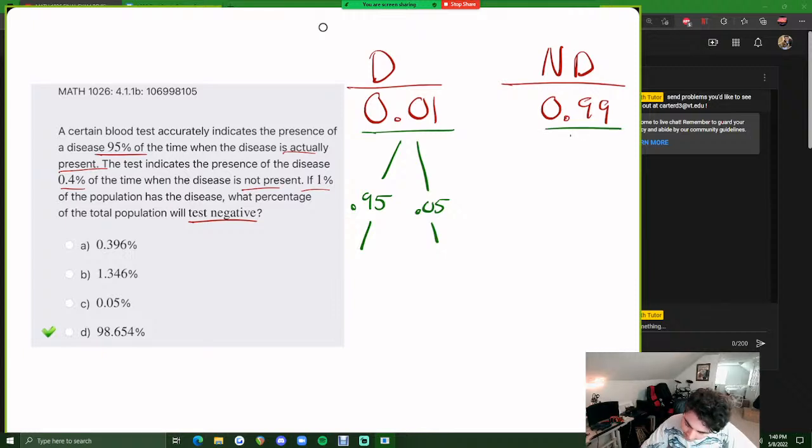And so for the 99% of the people who do not have the disease, it says it's going to indicate the presence of the disease even when it's not present 0.4% of the time.